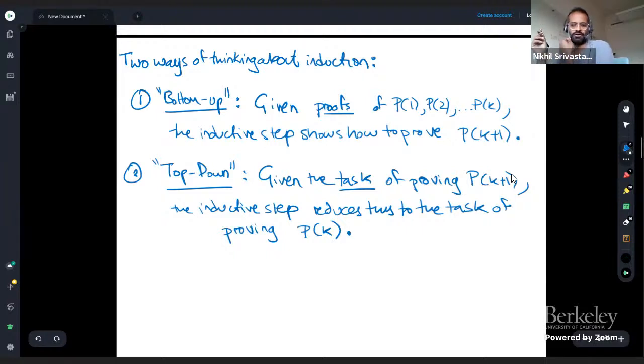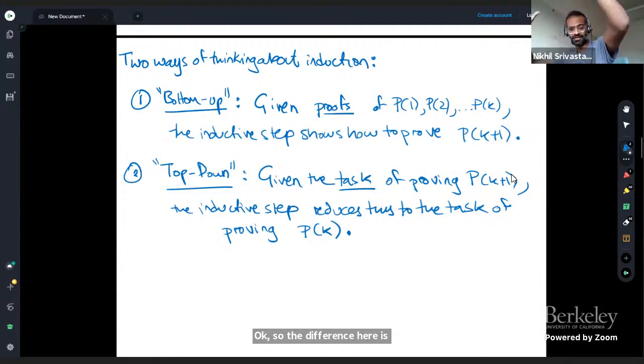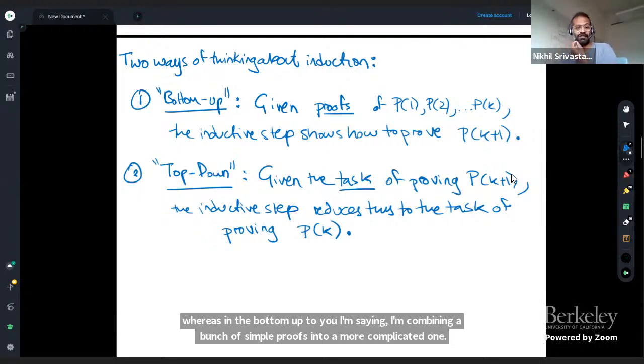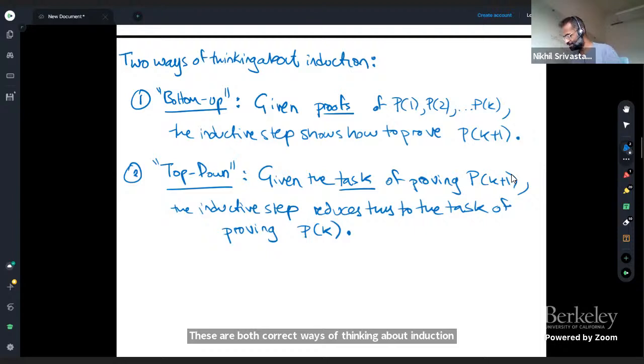Okay. So the difference here is I'm viewing it as breaking down a complicated statement into a simpler one. Whereas in the bottom-up view, I'm combining a bunch of simple proofs into a more complicated one. Now, these are both correct ways of thinking about induction. They're just different perspectives that might help you understand why it works and what's really going on.